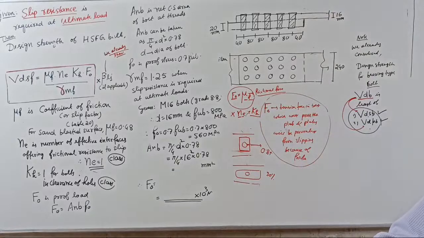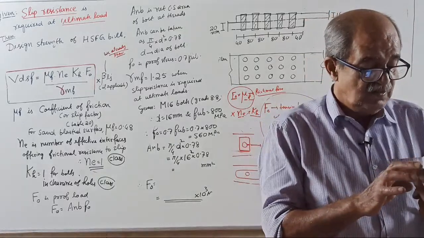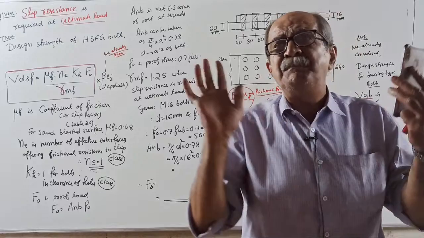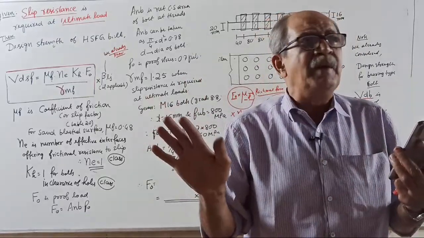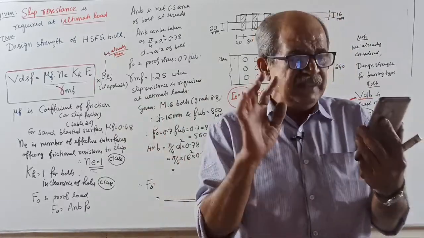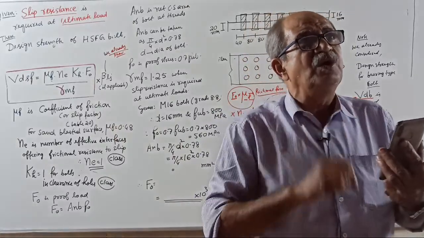But slip is allowed at what load? Slip is not allowed in working load. If slip is allowed at working load, this bolt is useless. Slip is not allowed in working load.